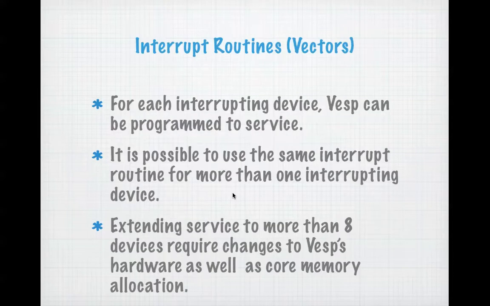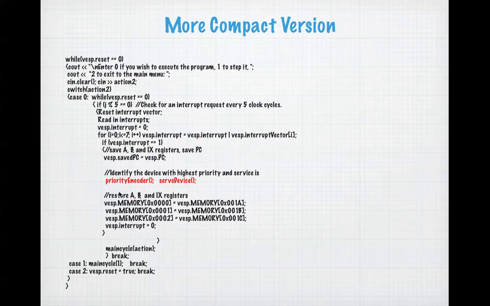The way that you see that is by looking at this. We go to the serve device function and finish that service, and only after that we set this interrupt flag to 0. And then we have to recalculate some 5 machine cycles later if we have another request.